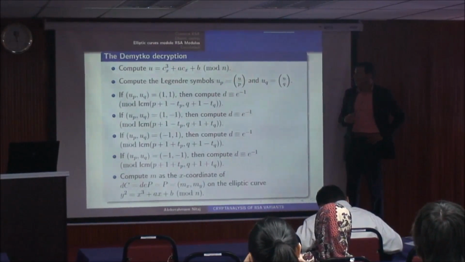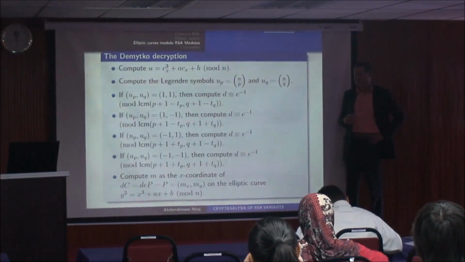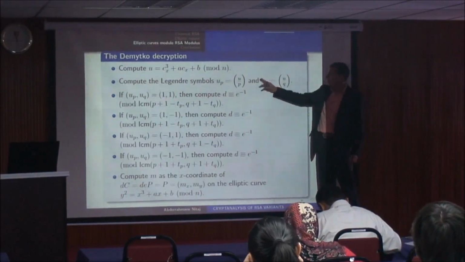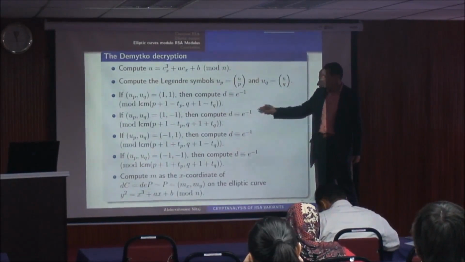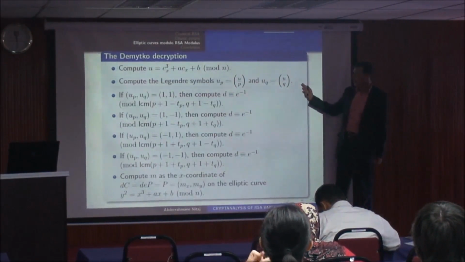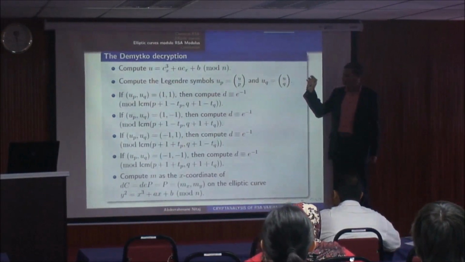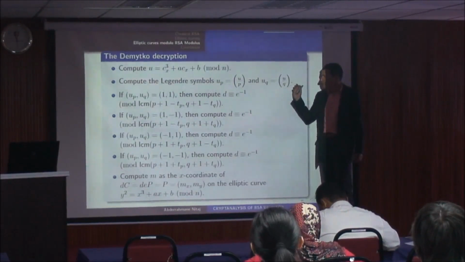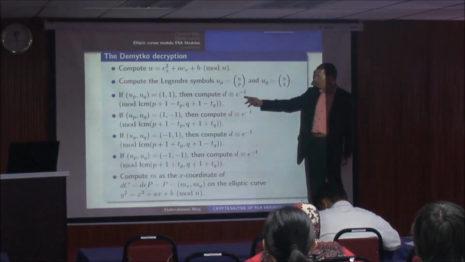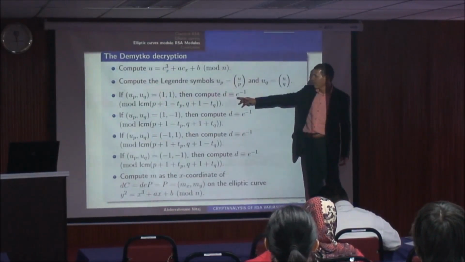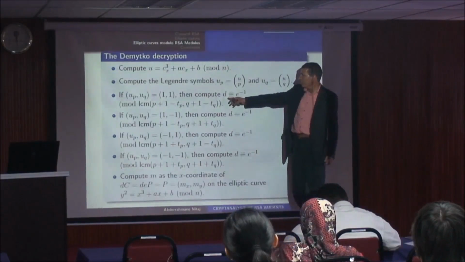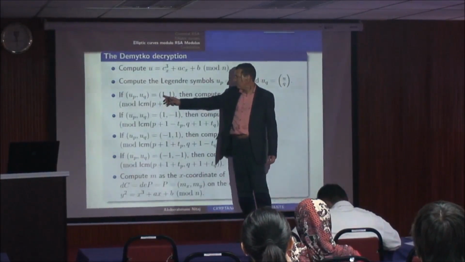values of Legendre symbols. I hope you know what a Legendre symbol is, because we need it for the decryption. Depending on the value you get for the Legendre symbol, you are going to use a certain value of t. So, for example, you are going to compute d if the Legendre symbols are 1 and 1.